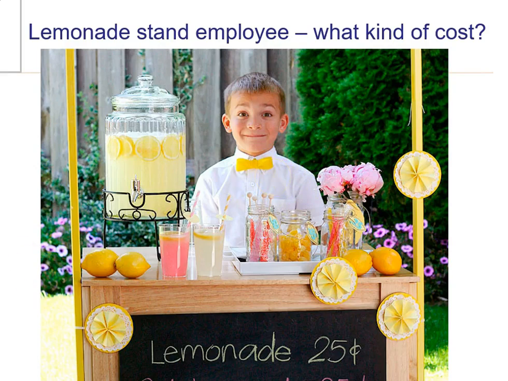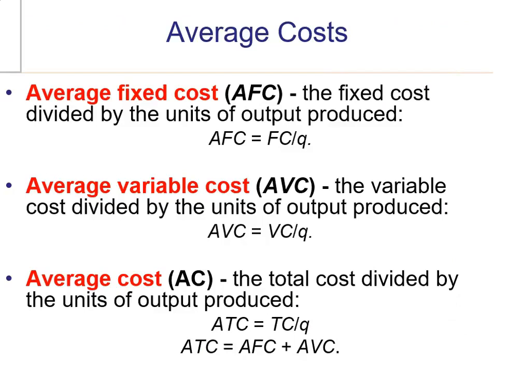A few more terms I want to define for the costs you should be familiar with. These are the average costs. We described previously fixed cost, variable cost, and total cost. Well, we can likewise define average fixed cost, which is found by taking your fixed cost and dividing by the output that you produce. So your fixed cost divided by output gets you average fixed cost. In a similar fashion, you can also find average variable cost.